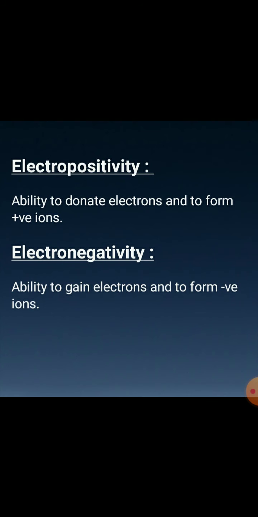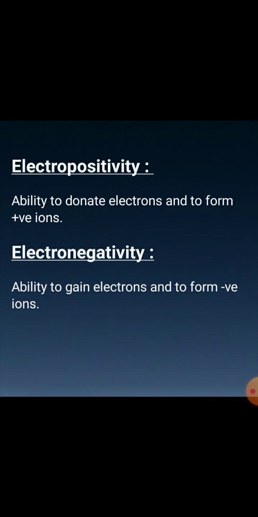The ability to donate electrons and to form positive ions is called electropositivity. Ability to donate electrons, which means to give away electrons. And we know whenever atoms give electrons, they form which ion? Positive ion, right? What is electronegativity? Ability to gain electrons and to form negative ions. So this is the difference between electropositivity and electronegativity.